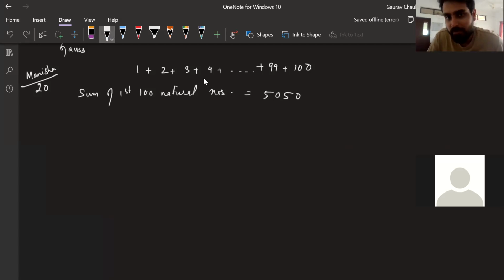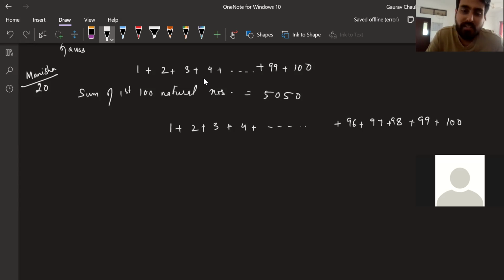Okay, so I'm going to write 1 plus 2 plus 3 plus 4 plus dot dot dot plus 96 plus 97 plus 98 plus 99 plus 100. Now what I'm going to do, Manisha, I'm just going to write the same set of numbers in the reverse order.